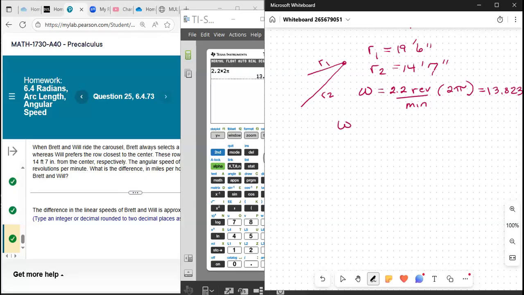So the angular speed is 13.823 radians per minute.